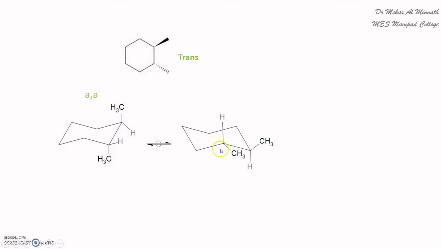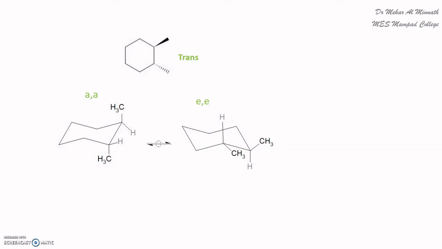Another way is, when we flip it, both of these go to the equatorial orientation, right? Now this methyl group is in the beta orientation, this methyl group is in the alpha orientation. So the first one is AA, axial, the second one is EE, equatorial.